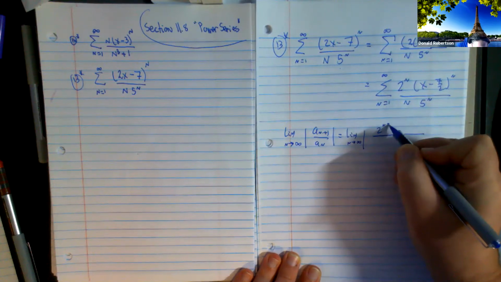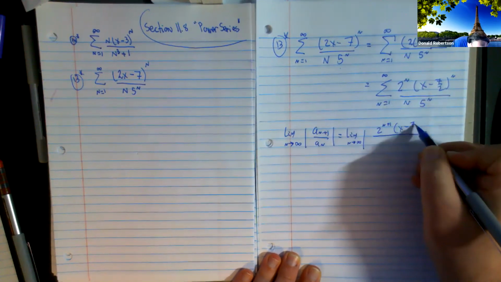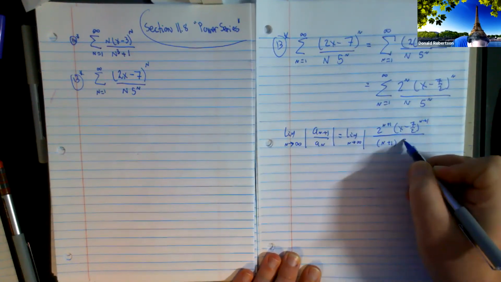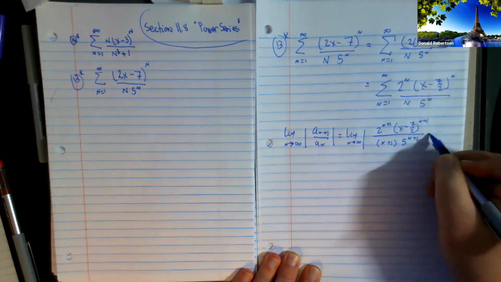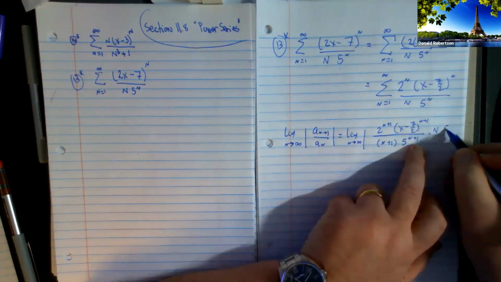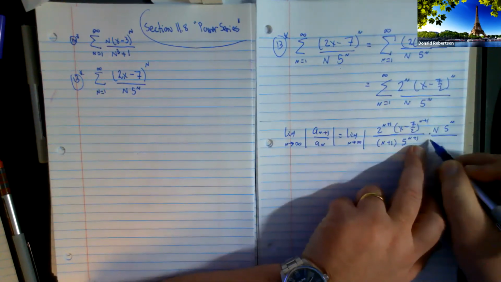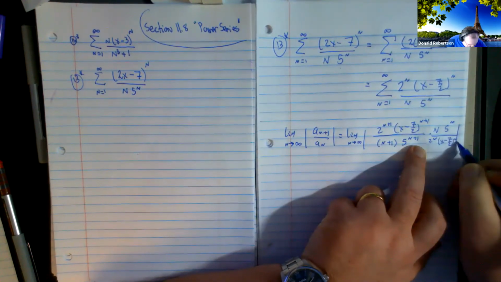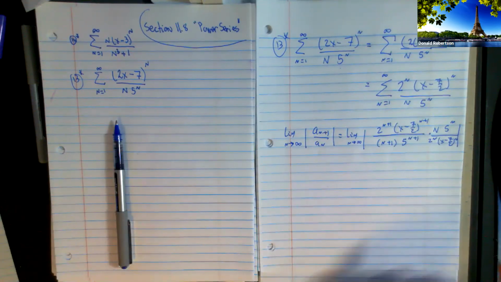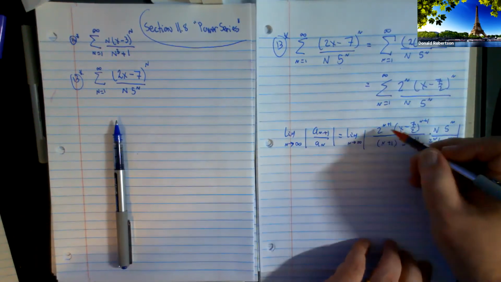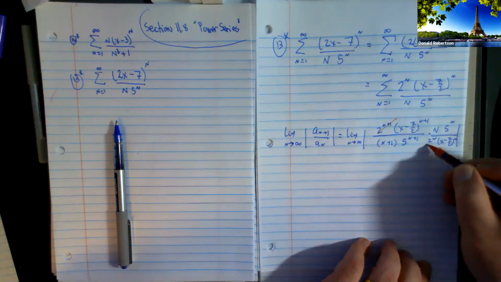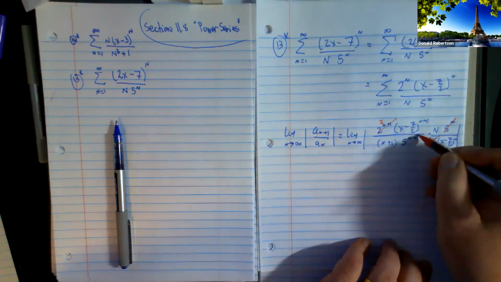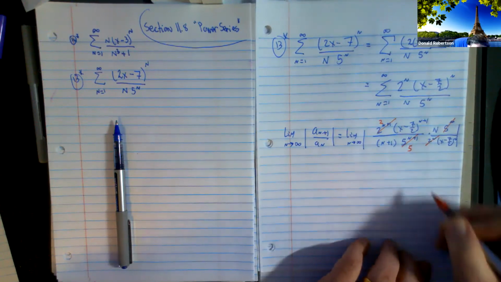Two to the n plus 1, x minus 7/2 to the n plus 1, and n plus 1, a 5 to the n plus 1. Turn everybody upside down. You get all that? Oh God, there's a lot happening here. 2 to the n plus 1 cancels out 2 to the n and leaves a 2 behind. 5 to the n cancels out 5 to the n plus 1, leaves a 5 behind on the bottom.